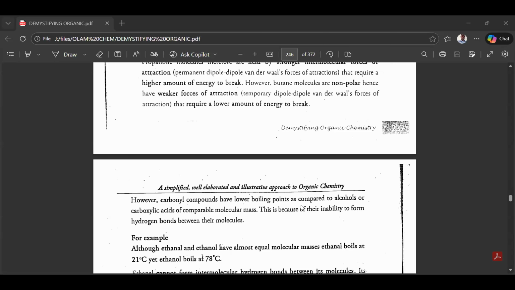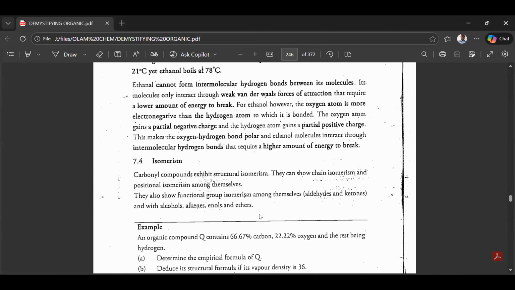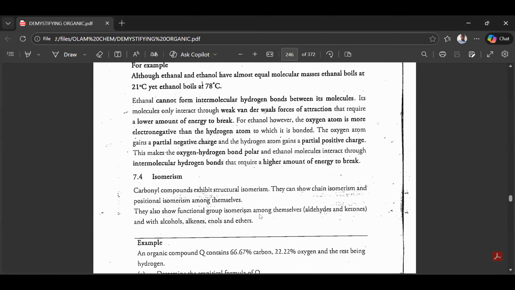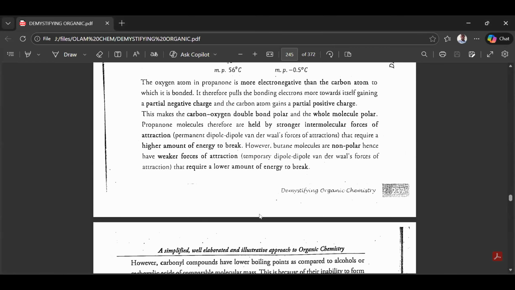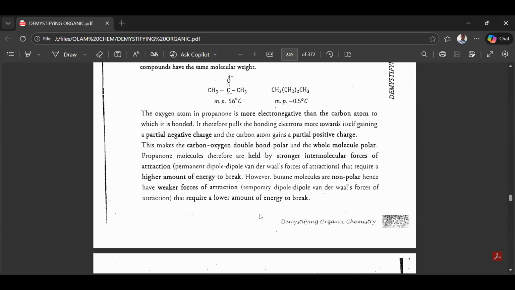So please write the structures down, and then we look at what you have written before we go to isomers. Please be very fast. If you are done, kindly share and we comment on your answers.